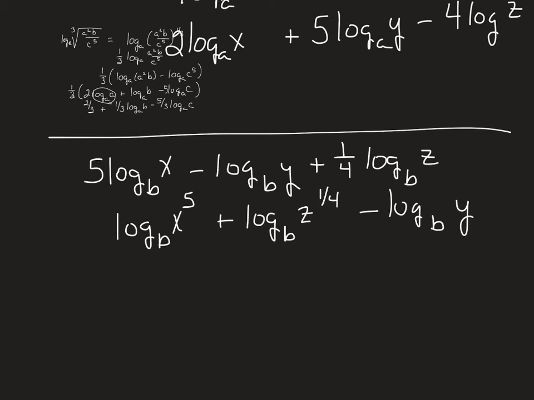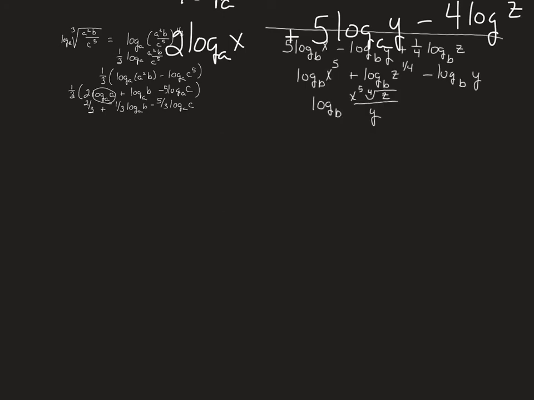It just kind of helps us see what we're doing here. So we're going to have the log base b of x to the fifth times the 4th root of z over y. And we have taken that expanded logarithm and condensed it or written it as a single logarithm.